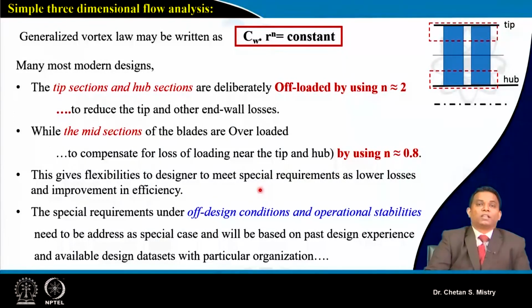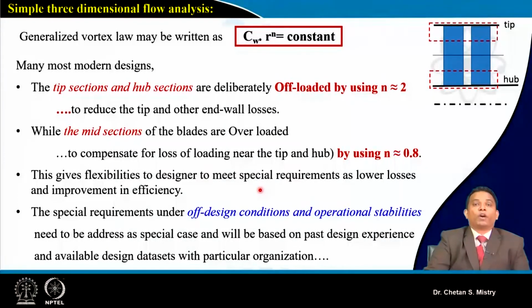So as we were discussing, we do not have only one approach to improve the efficiency. We have other criteria, say we are looking for improvement in overall operating range, improvement in off design condition, and the stability of the flow, or we would like to enhance the operation of a particular stage of the compressor.